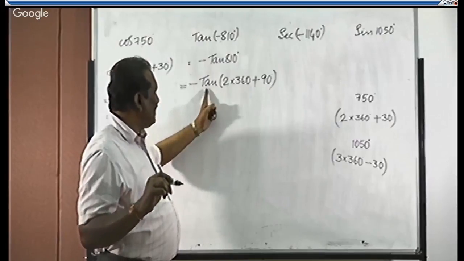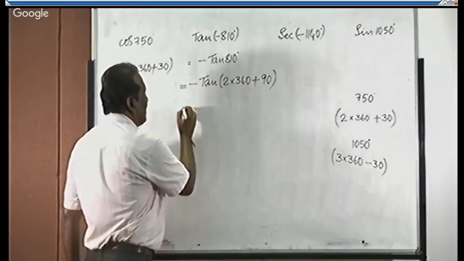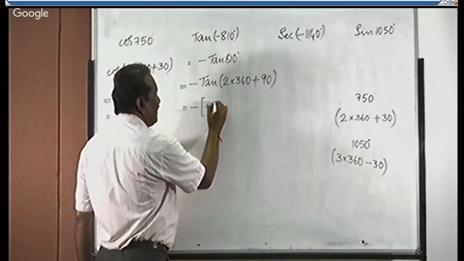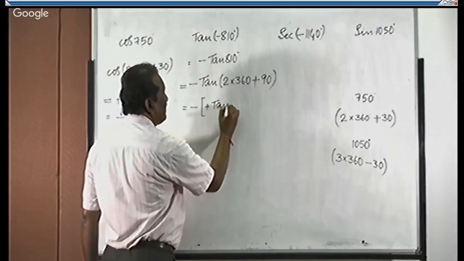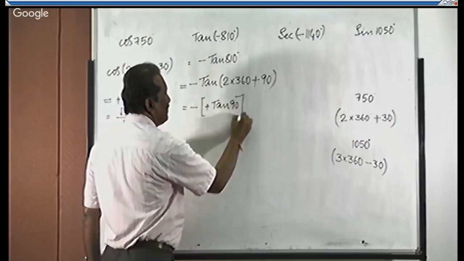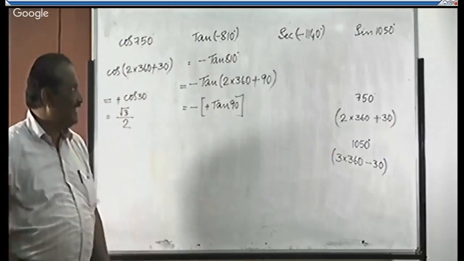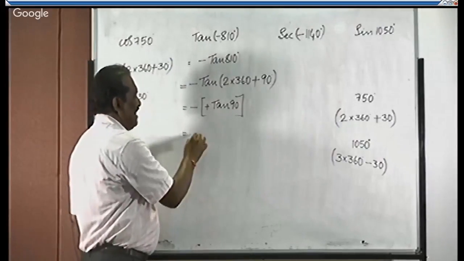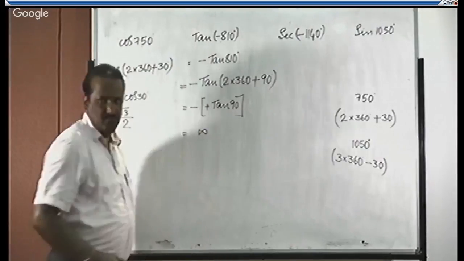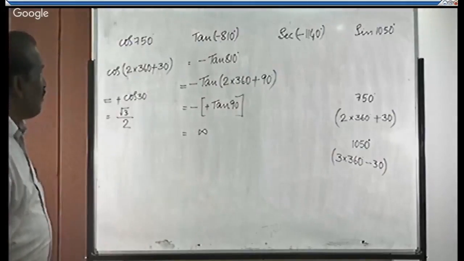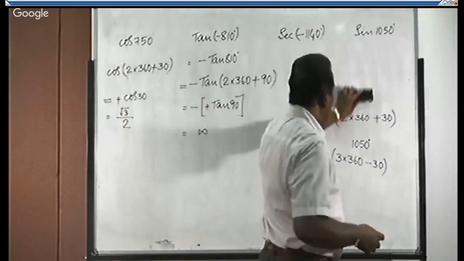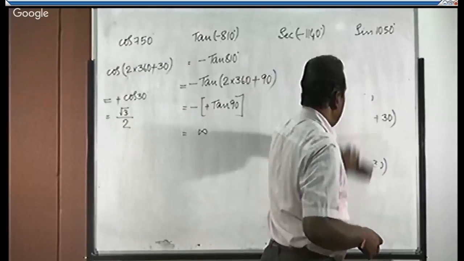It is simply tan of 360 plus theta, with one minus sign. We know that tan of 360 plus theta is plus tan theta. In the place of theta, it is 90 degree. Plus into minus is minus, and tan 90 is infinity. Right? Therefore, the value of tan of 810 is equal to infinity.